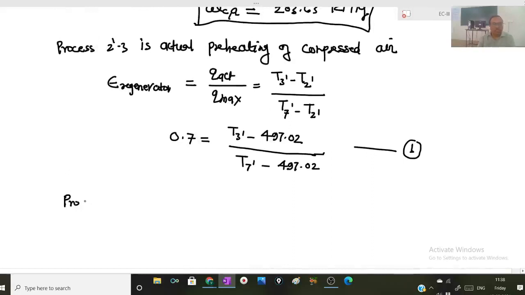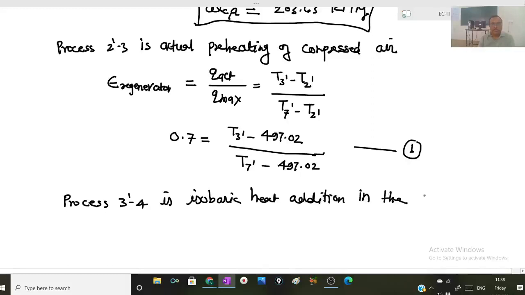And next process is 3-4, isobaric heat addition in the combustion chamber. Now how can I calculate this QS?